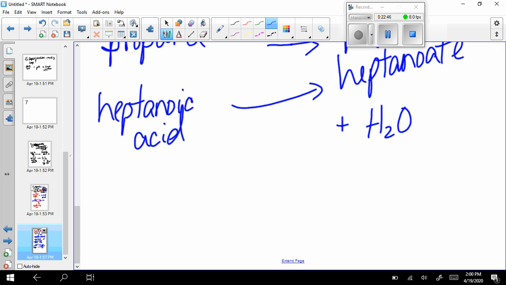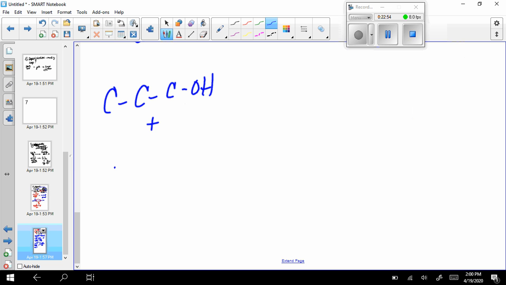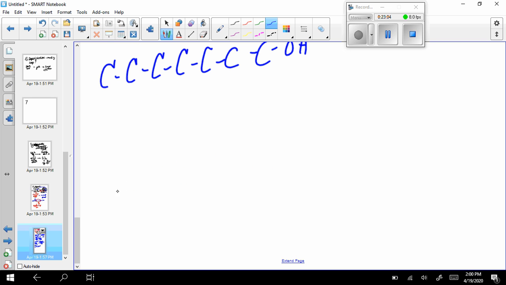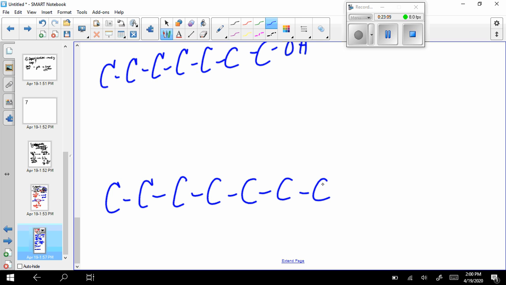And if you want to stay with me and draw it out, we'll draw what this would look like. So propanol would be 3 carbons with an OH, and heptanoic acid would be 1, 2, 3, 4, 5, 6, 7 with a double bonded O and an OH. And what I would make, I need some room because this is going to be huge. 1, 2, 3, 4, 5, 6, 7.